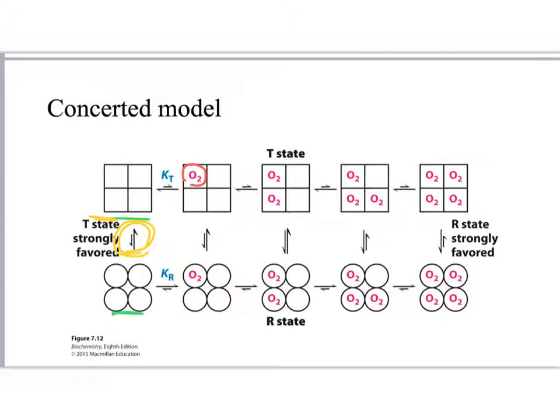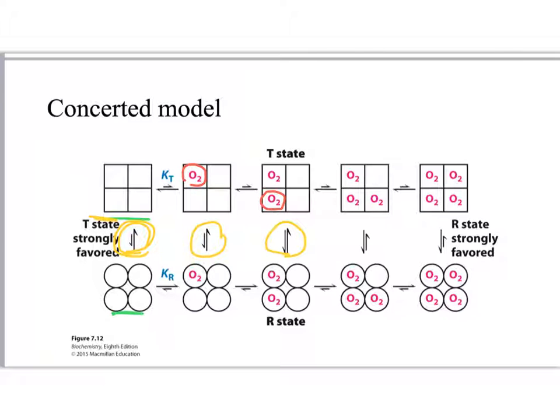So if you're looking at the magnitude of these two arrows, the arrow towards the R state gets a little bit bigger, but T state is still favored. And then we have a second oxygen that comes in and binds, and we see that the equilibrium is shifted a little bit more. So at this point, the T and the R state become equally favored.